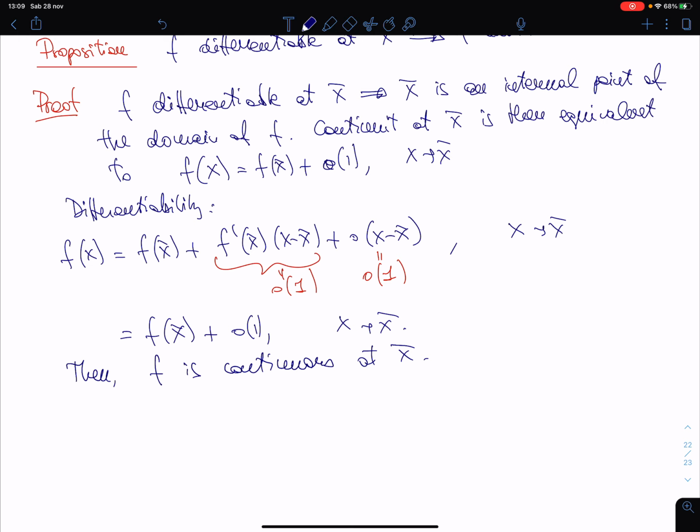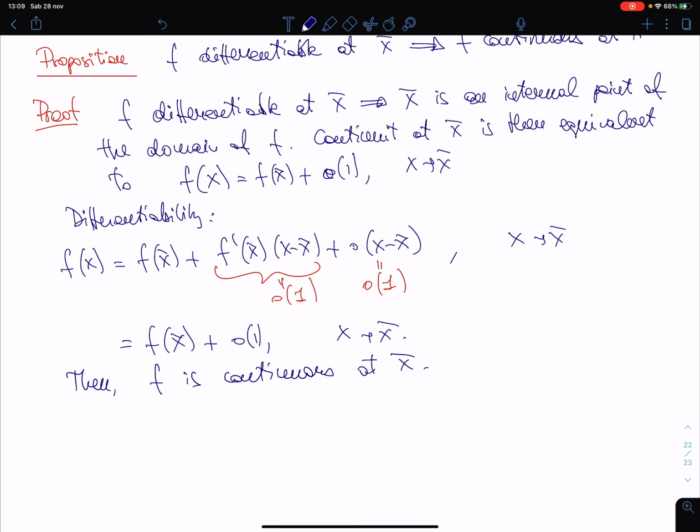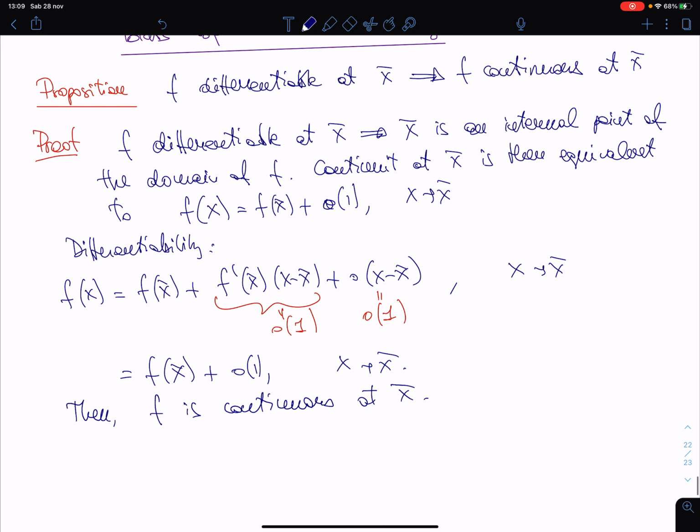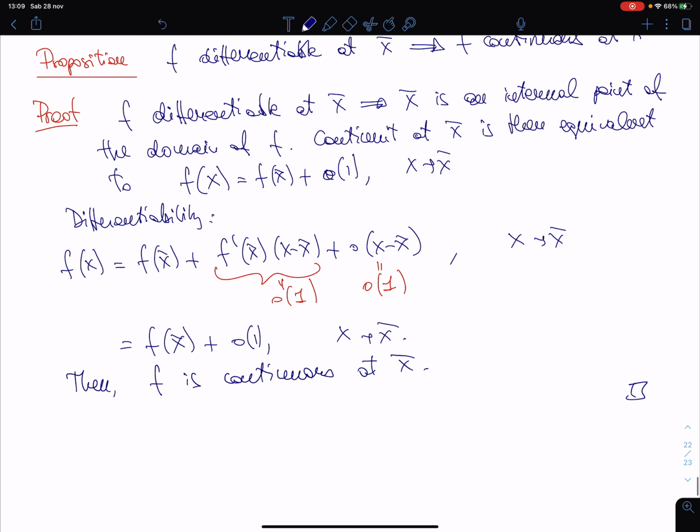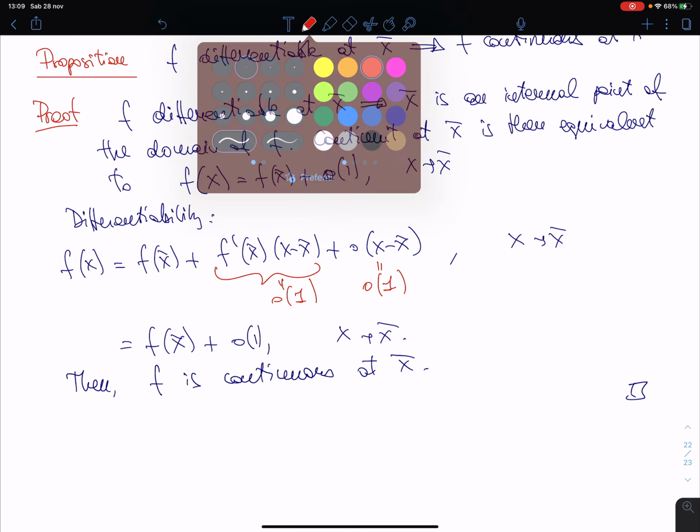So now the very natural question is whether the converse is true. So is it true that if f is continuous, then f is differentiable? Please be careful here, because I always find a lot of mistakes in the written exams about that. So, very important remark.